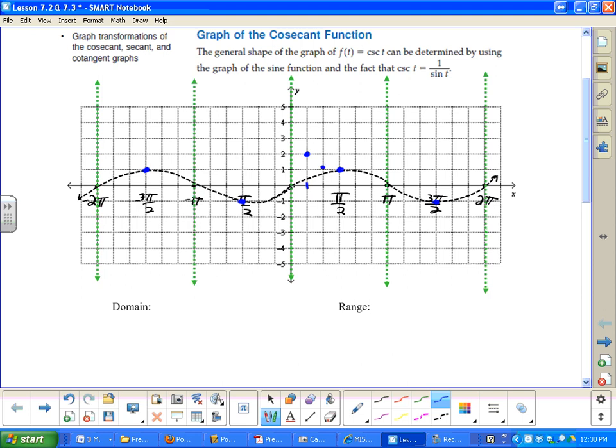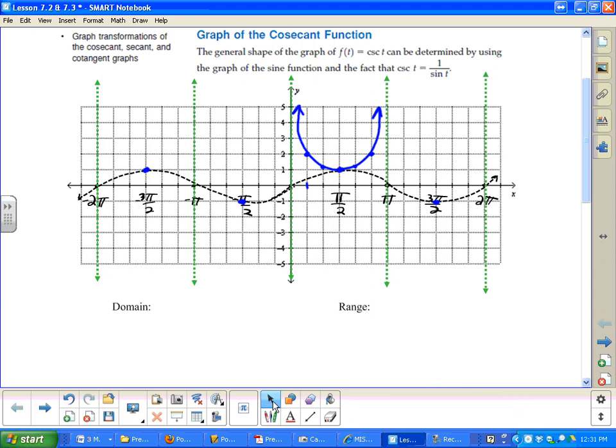All right. And if we go to 2 pi over 3 and to 5 pi over 6, we're going to get those same numbers that we had. And so this graph looks like this. So it looks like a U. Then between pi and 2 pi, we get the same results except for what? Okay. It's frowning.